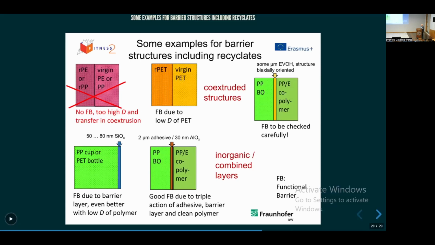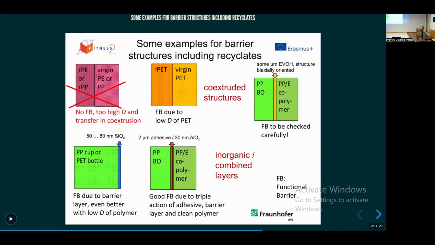If you use a virgin type of material of this as a barrier layer against a contaminated paper, then it's an excellent functional barrier, simply because you started then with a clean polypropylene. This would be something that could be viable. You use recyclate material and you coat it with silicon oxide on the outside.